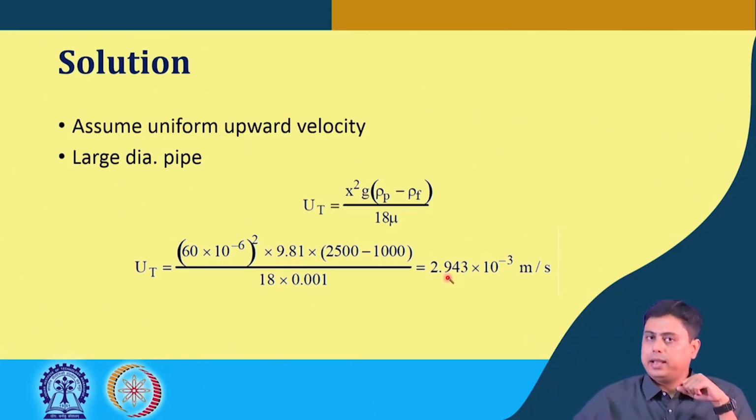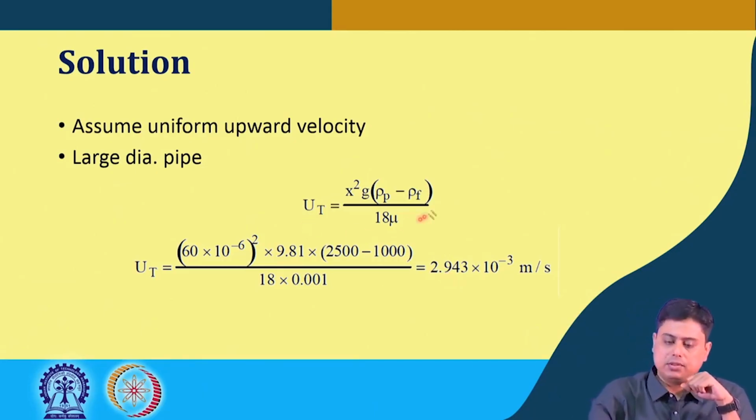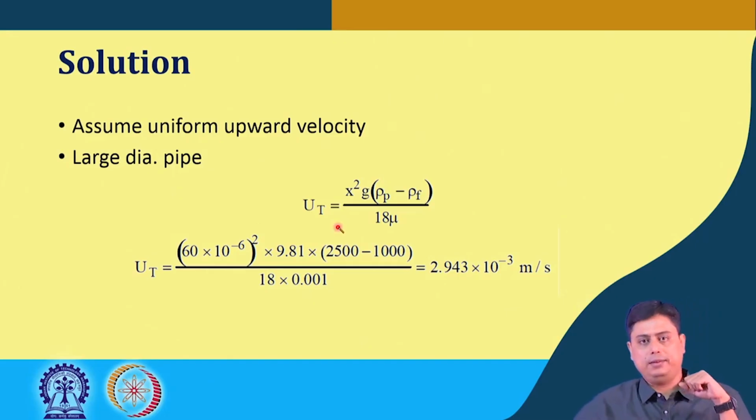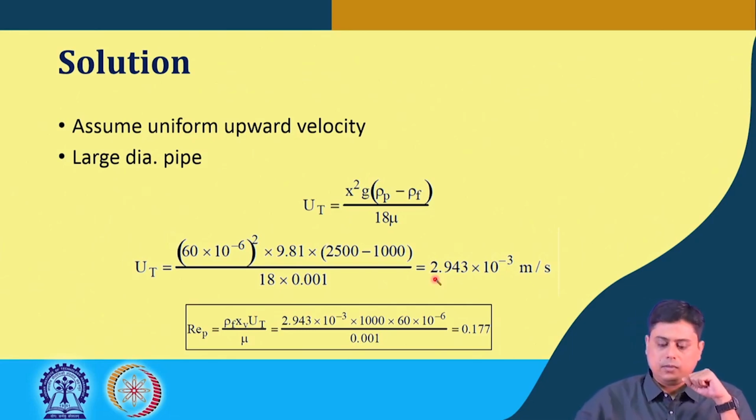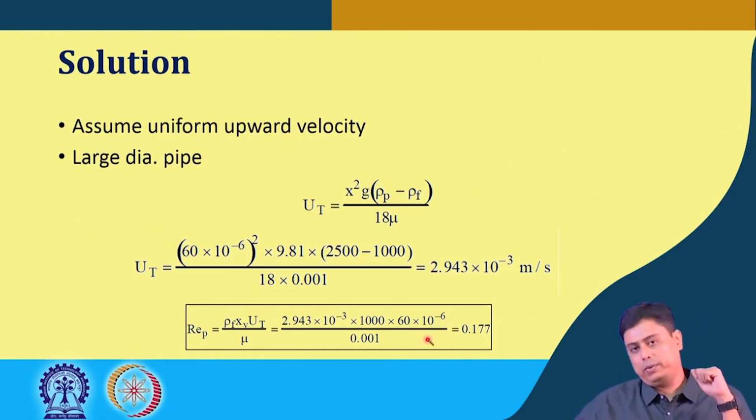But this is not the end. This is the assumption we have made, that Stokes law is valid. So, the final step remains that we have to justify our assumption by recalculating the Reynolds number with this terminal value. If we do that, we see that the particle Reynolds number is 0.177, which is well within the range of Stokes law, or well below the value 0.3.